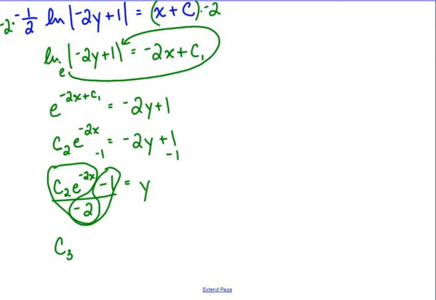That would give us yet another constant in front. C sub 2 divided by negative 2 is a different constant. And negative 1 over negative 2 is 1/2. Okay. I'm just showing you that because I've seen them go in a bunch of different directions with these answers. So you need to recognize all the equivalent forms.